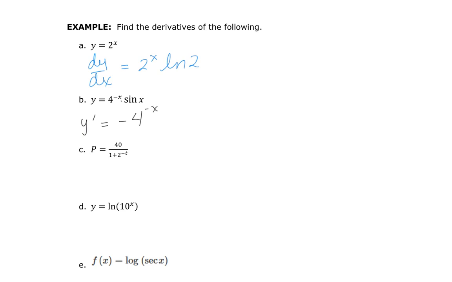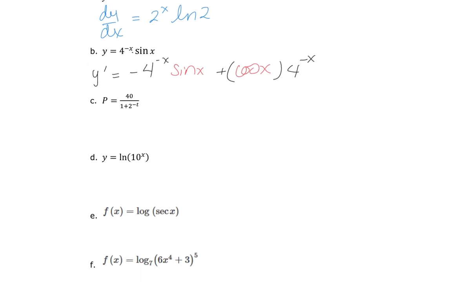The reason this is negative 4 raised to the negative x is that if I follow the same rule, I have my b raised to the negative x, but the derivative of negative x is negative 1, multiplied by the sine of x, and then plus, I'm now going to do the derivative of sine, which is the cosine of x. And then this is going to be multiplied by 4 raised to the negative x.